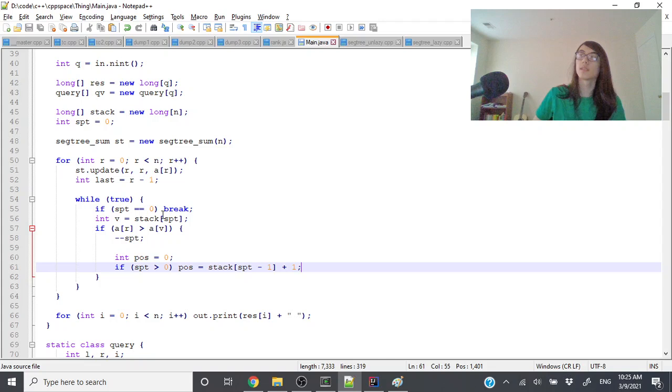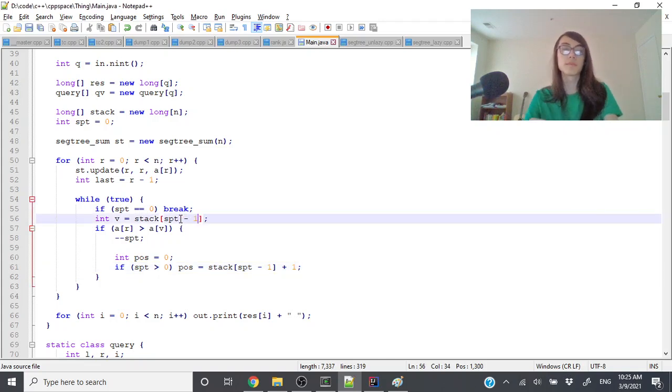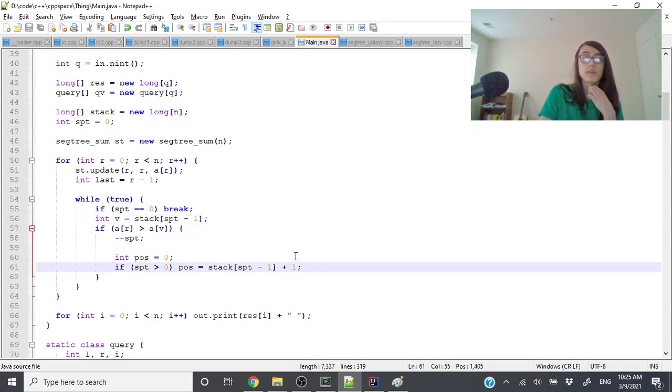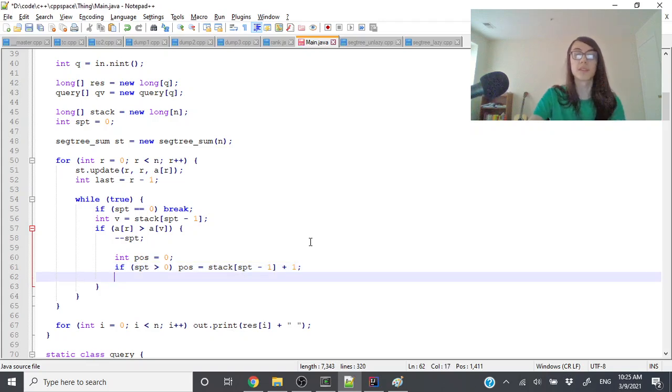Int v is stack s point. Wait, should be minus 1. So the previous element in the stack, if this is greater, we remove it, then we kill its whole interval. We kill its whole family, basically.